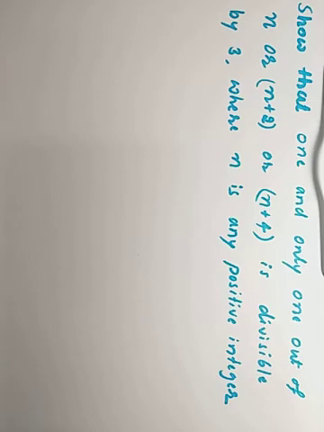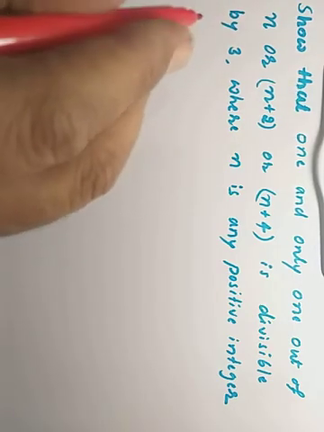So here goes the problem, and please recollect Euclid's division lemma, the division algorithm: a is equal to bq plus r, where 0 is less than or equal to r less than b. That is most important here, and we shall see.